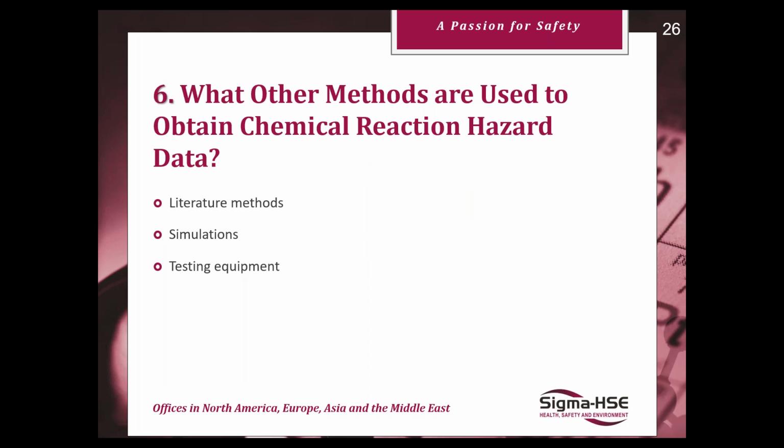So that moves us on to question 6. What other methods are used to obtain chemical reaction hazard data? I touched a little bit on some of this before. Early on in an R&D timeline, there may be a lot of emphasis on literature methods. So enthalpy balances: what do you expect your desired reaction to do?